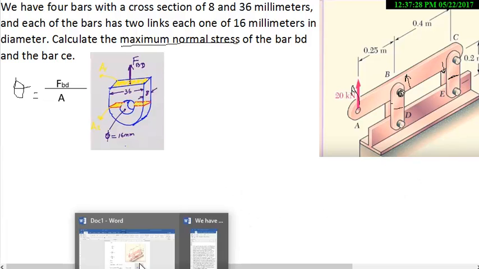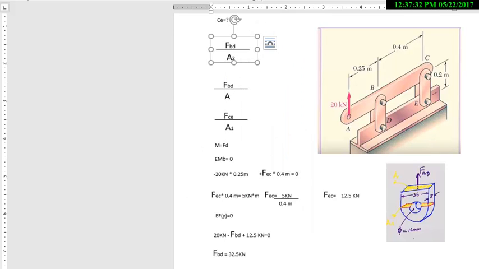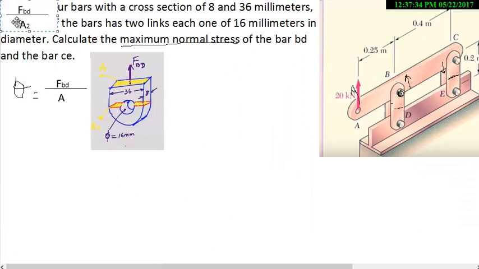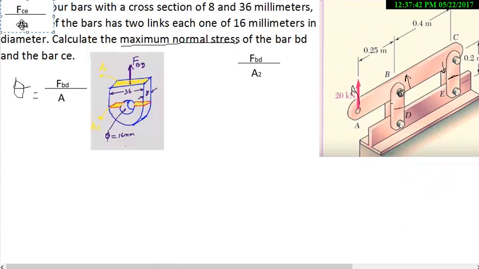Now, knowing this, we can set the formulas to calculate the normal stress for both the bar BD and the bar CE. For the bar BD, the formula will be this way.